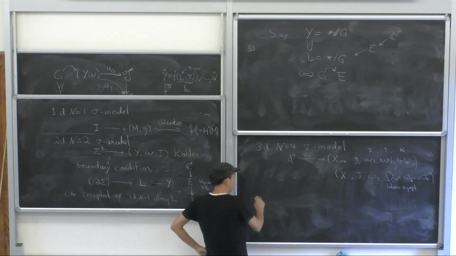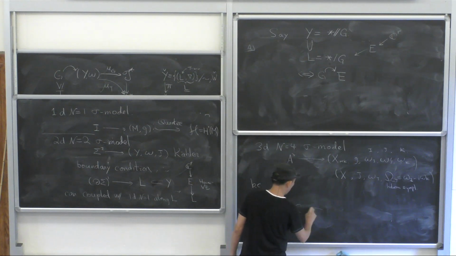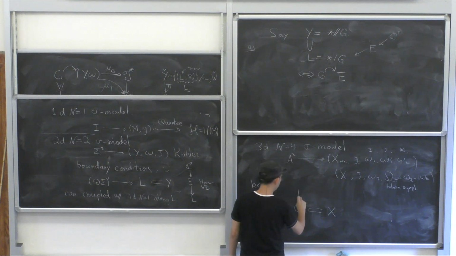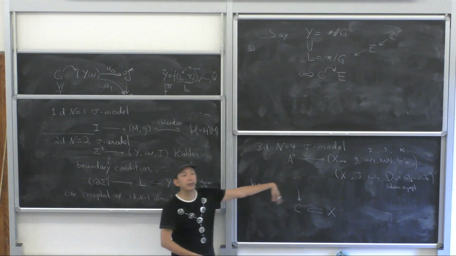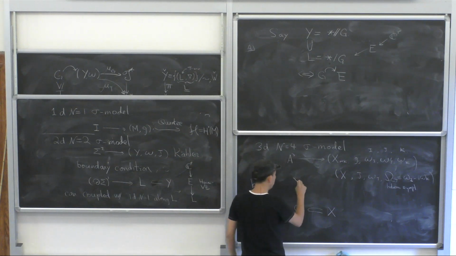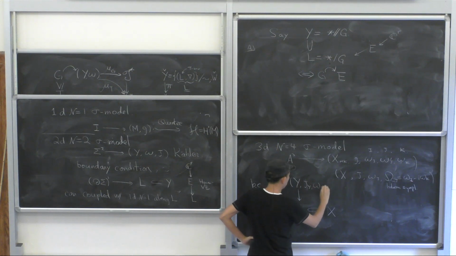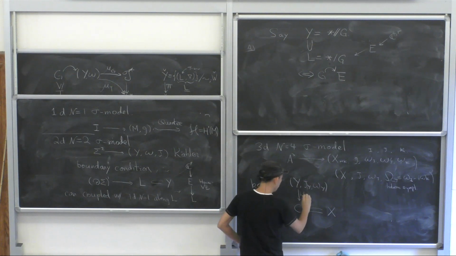And in this case, the boundary conditions will be some submanifold in X together with a family of 2D TQFT with N equal to 2. So for example, we will assume then that this is just a family of Kähler manifolds. So just look at Y as really a Kähler manifold with a holomorphic map here.